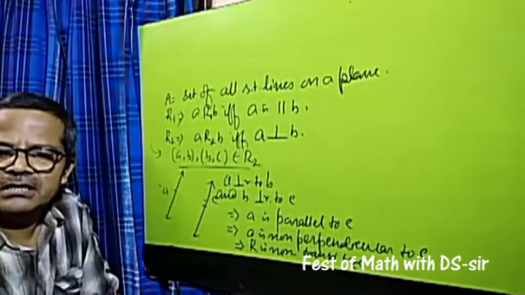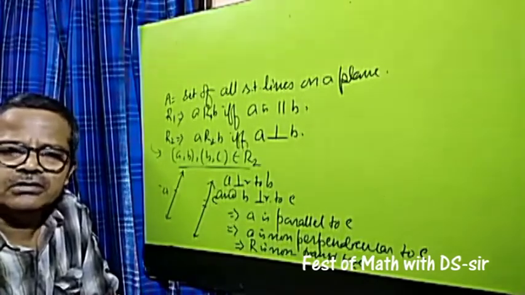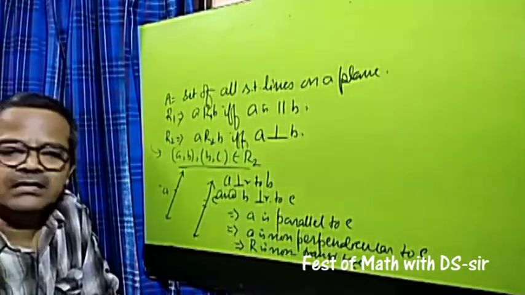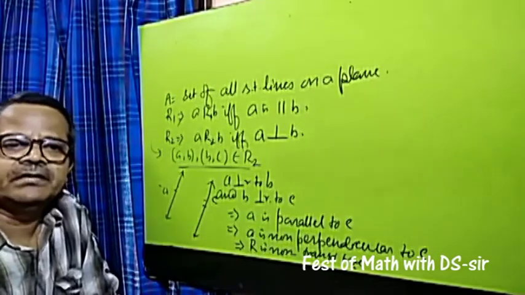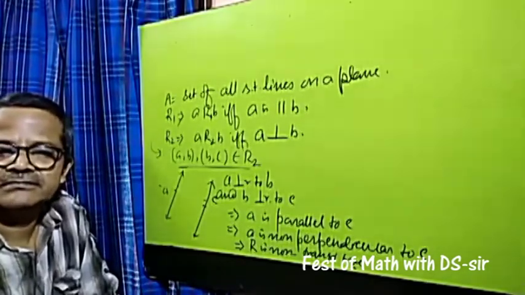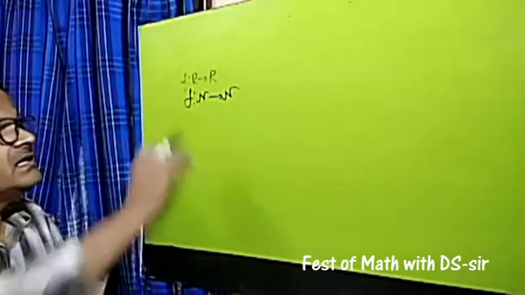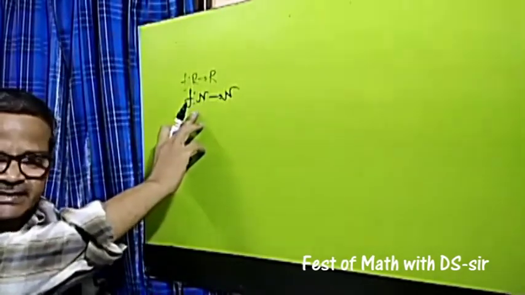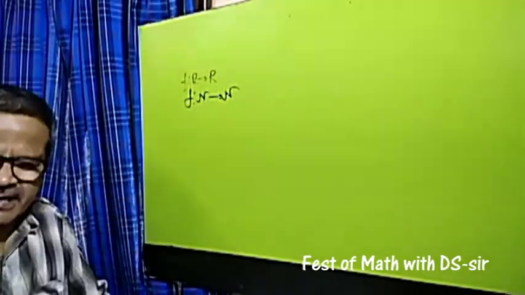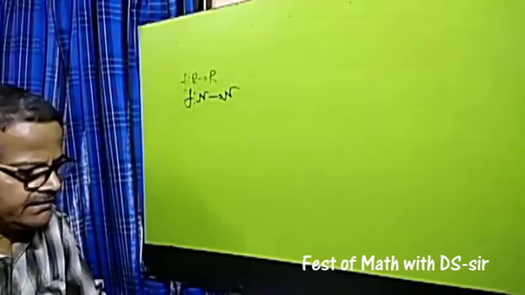First example done. Now I'll go to the second example. If you have any problem, you may discuss. If that is a relation, sometimes we denote it by f, g, or like this.